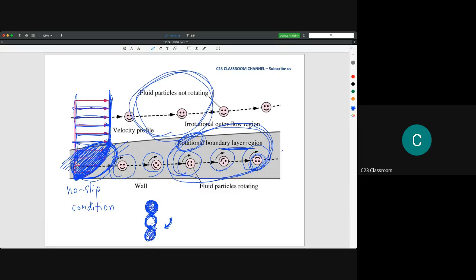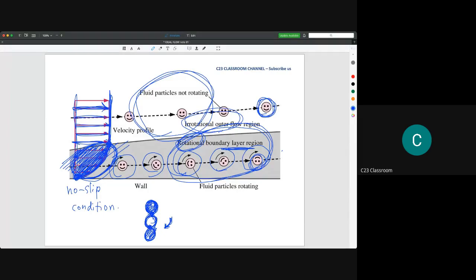That makes the molecules move at the same speed, so it neglects the tendency of the molecule here to spin. That's why we call it irrotational flow.